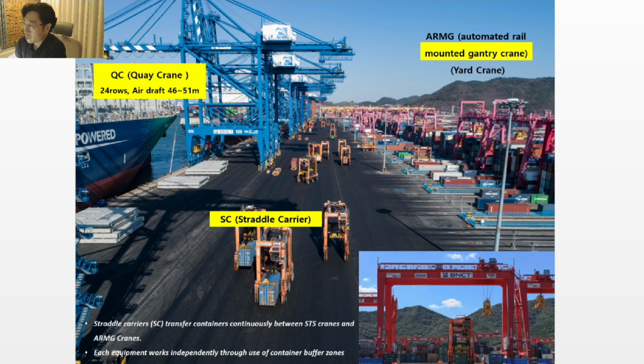So in the first letter A, you can understand this one is automated. And when you cannot see the A in the crane name, it says RMG. This one is a manual gantry crane, you can understand.